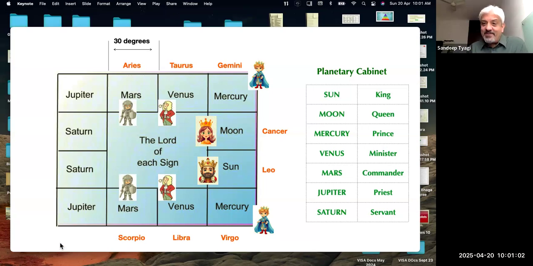Jupiter, the priest, was left lurking in the background, and he said, Mr. King, please don't forget that I am the opium of the masses, right? It is because of what I tell them that they believe in your divinity. Remember the whole story behind the church and the king, and how it evolved in Europe and everywhere. The priest was always a very central figure to ordain the king as the divine power.